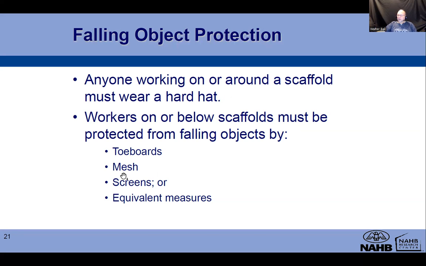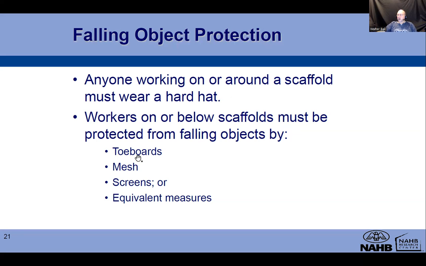All right. Before I get too poetic about this, workers on or below a scaffold must be protected from falling objects. Right. So workers on, or especially from below, the scaffolds must be protected from falling objects by what means?